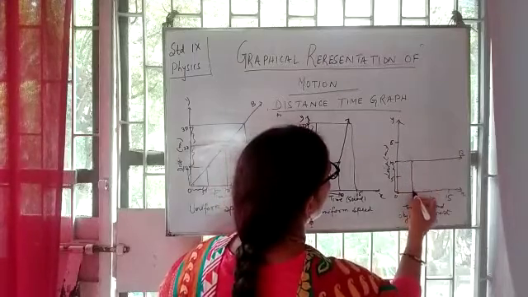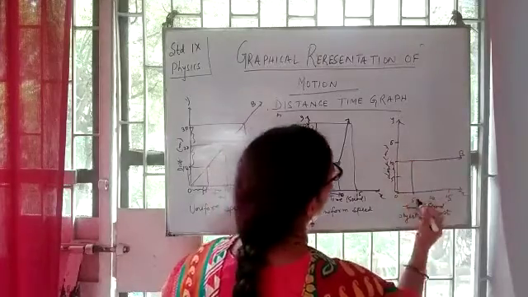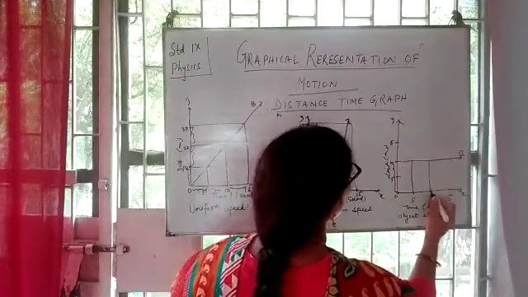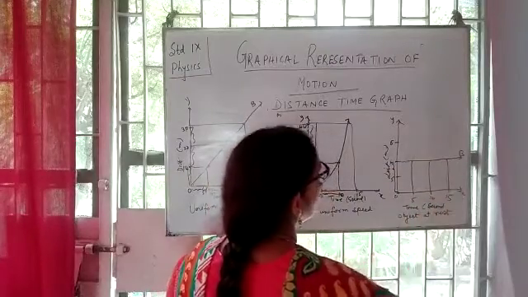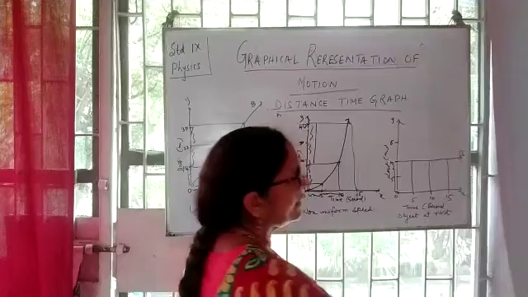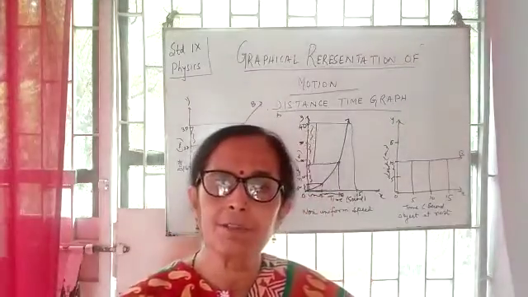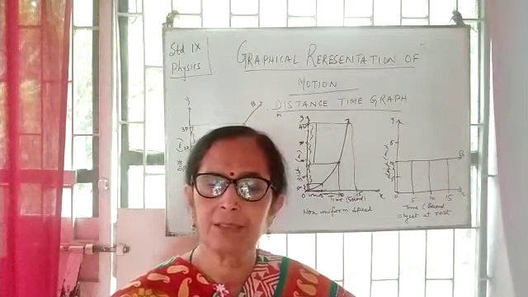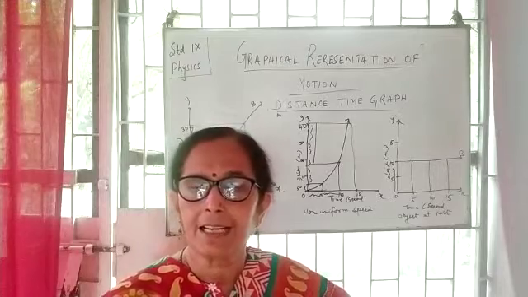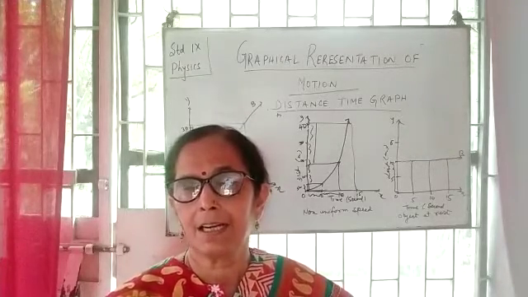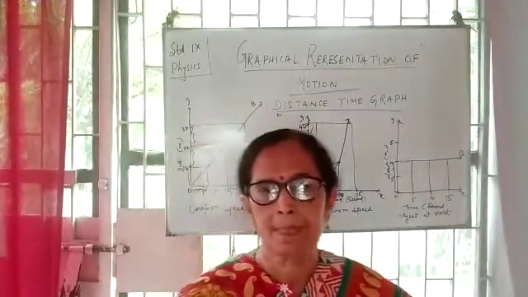In the 5th second, after 5 seconds, it is also at the 10 meter, and after 10 seconds, it is also at 10 meter from the origin, and same is the case with the 15th second. It means the position of the object is not changing with time. Then what can we say about the 3rd case? That graph is representing that the object is not in motion, but it is at rest.